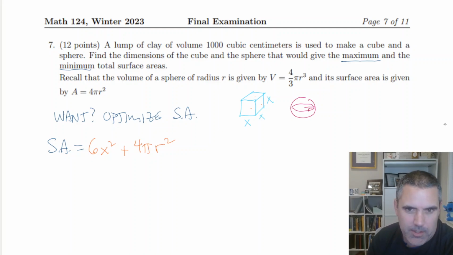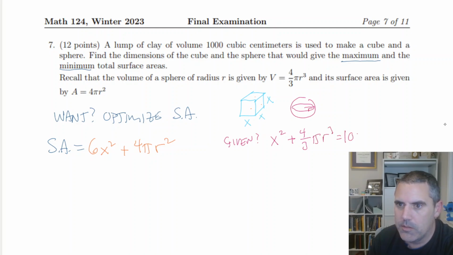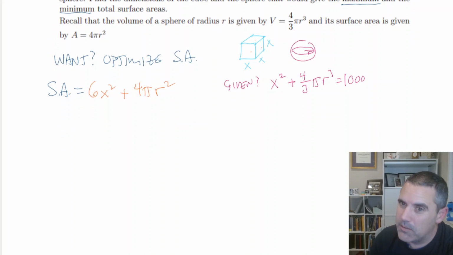Anyways, now I know what I need to do. I need to make the surface area a one variable function. So now I need to think about what I was given. What are my constraints? The total volume is 1,000. What's the total volume? X cubed plus 4/3 pi r cubed is 1,000. So what do I need to do?